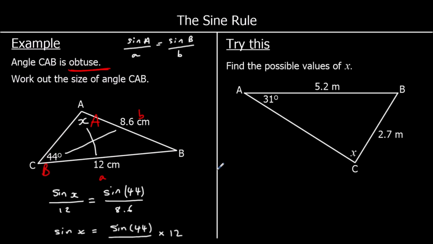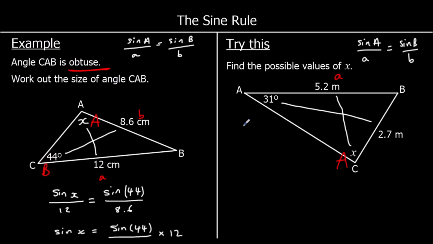So back to the question, find the possible values of x. So firstly, can we use the sine rule? Do we have opposites? And the answer is yes. We're working out an angle, so we're going to use the sine rule for angles. So angles on top, sine A over A equals sine B over B. We're going to call our x big A, and opposite will be little a.